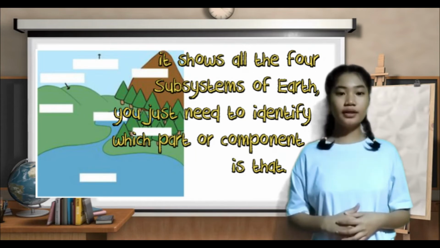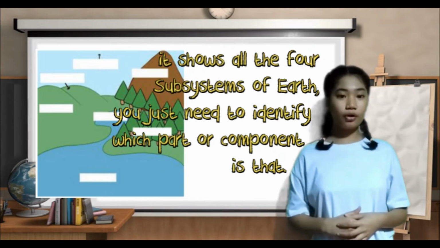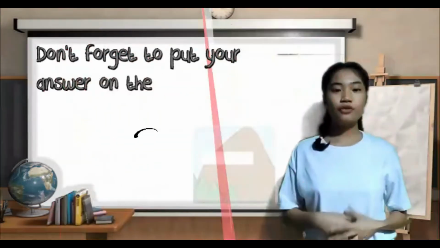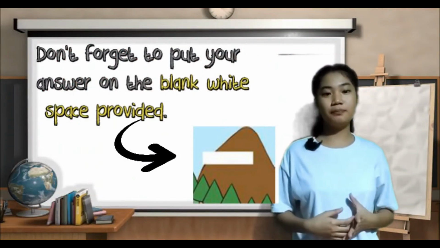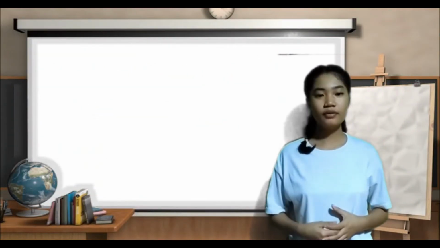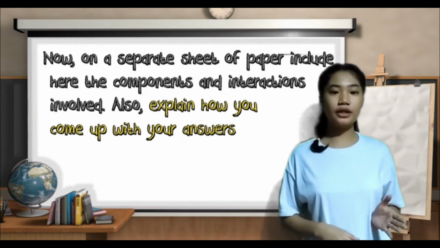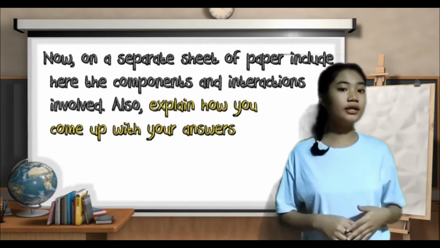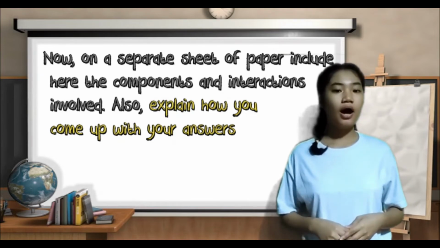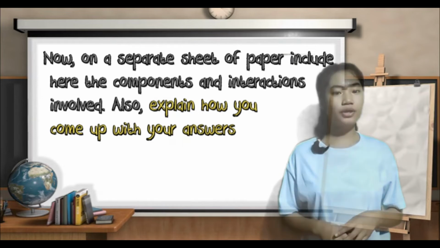You just need to identify which part or component that is. Don't forget to put your answers on the blank space provided. Now, on a separate sheet of paper, include the components and interactions involved. Also, explain how you come up with your answers.